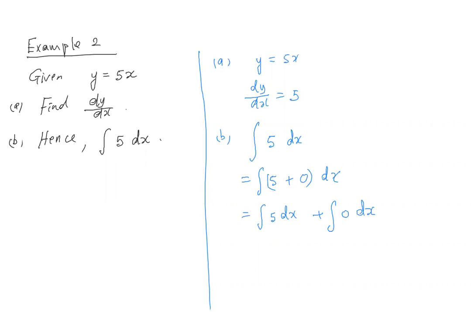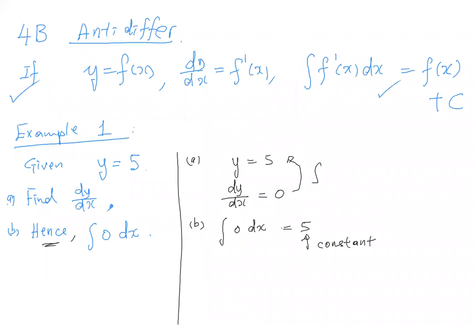So when you integrate the reverse, the first part, you get 5x. The second part, you know just now: if you differentiate a constant, you get 0. So if you integrate a 0, you will get back the constant.